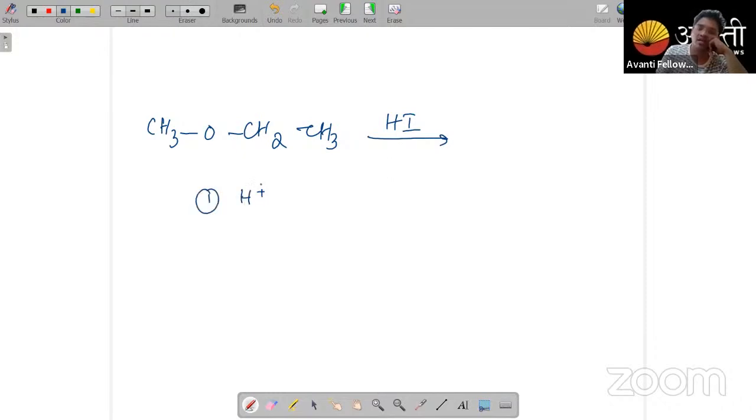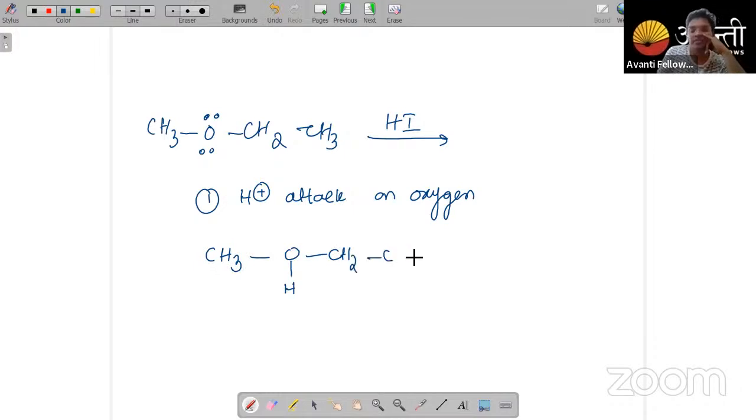H plus will attack on oxygen, because it consists of a lone pair. Whenever it attacks on oxygen, the primary thing that happens is CH3OHCH2CH3, so again you are going to get a positive charge.